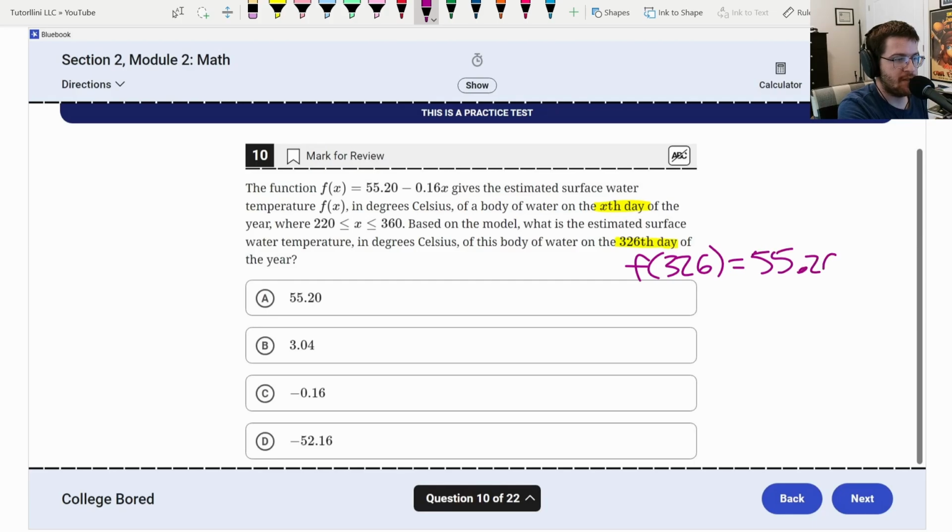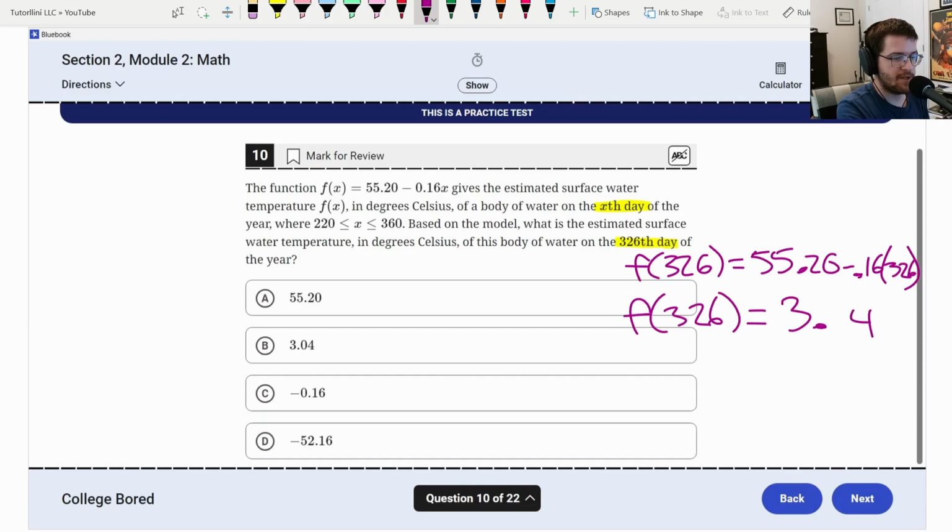Always use lots of parentheses, guys. Minus 0.16 times parenthesis 326. So we get F of 326 is equal to 55.20 minus 0.16 times 326. I'm getting 3.04.